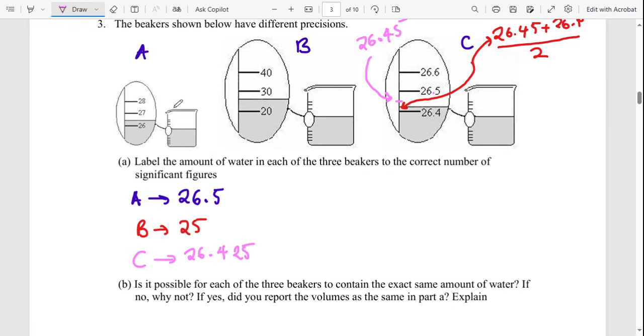There is one beaker where the measurements are happening in tens, the other in point fives, the other in point ones. So is it possible to have the same amount of water in all these three beakers? Why not?